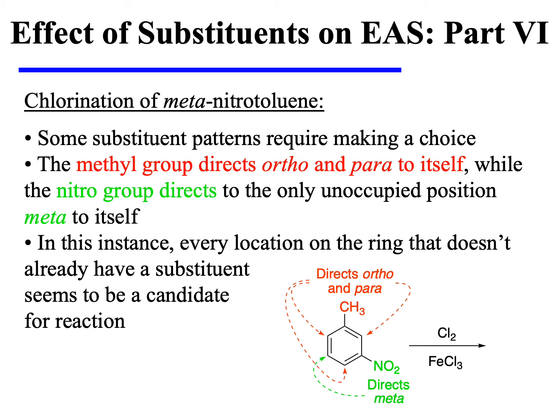The methyl group directs ortho and para to itself, the positions shown in red on our diagram, while the nitro group directs to the only unoccupied meta position relative to itself. In this instance, it seems that every location on the ring that is not already occupied could be a candidate for reaction.